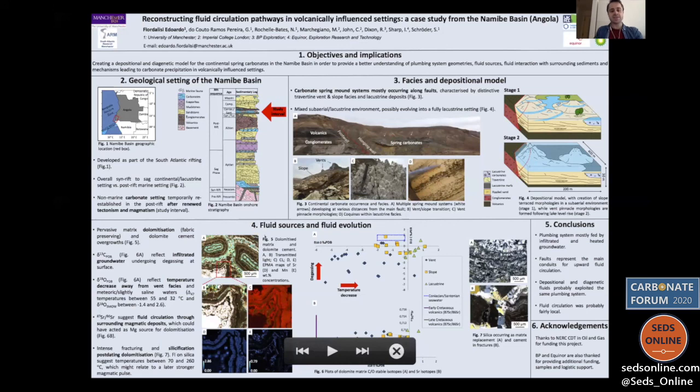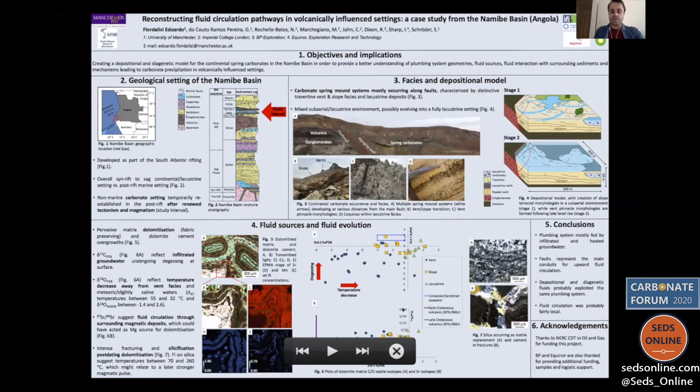Petrography integrated with other techniques such as XRD and, as in this example, EPMA mapping, suggests that all facies are pervasively dolomitized, with dolomite being preserved, but also occurring as dolomite cement overgrowths.